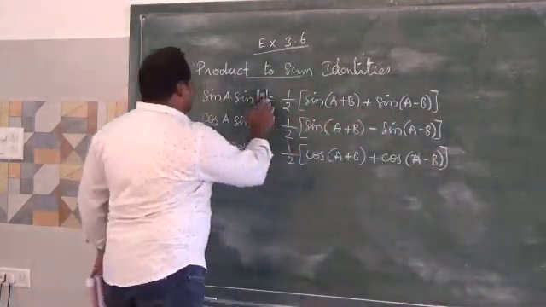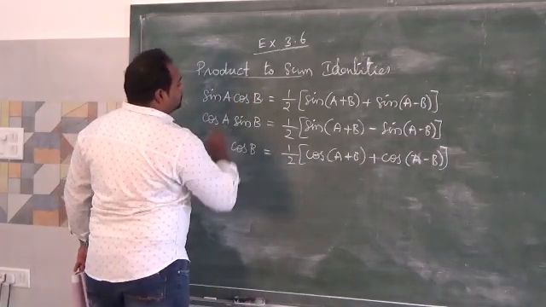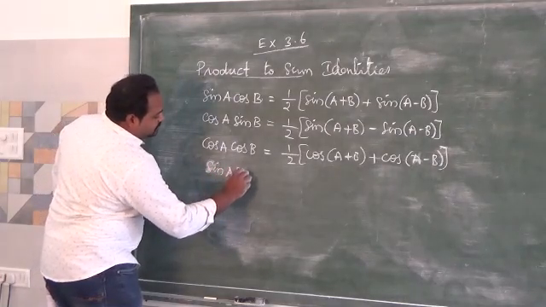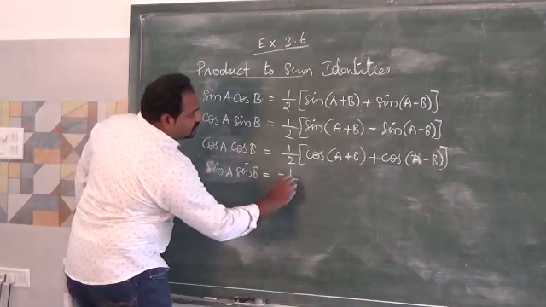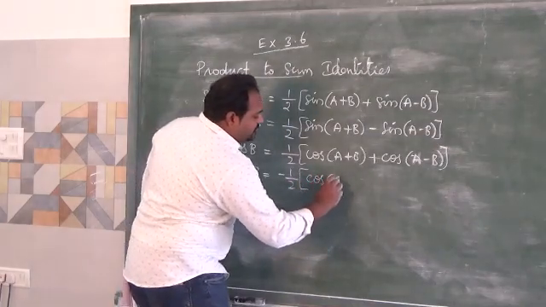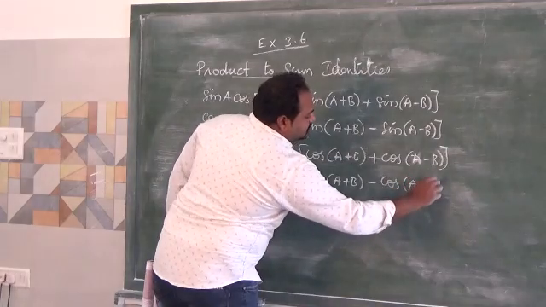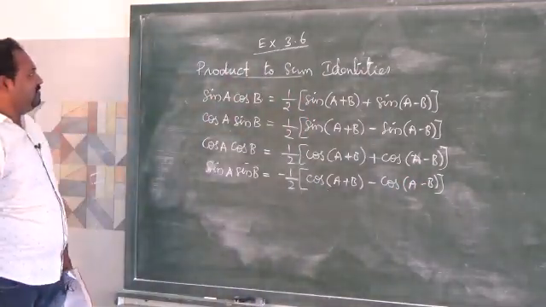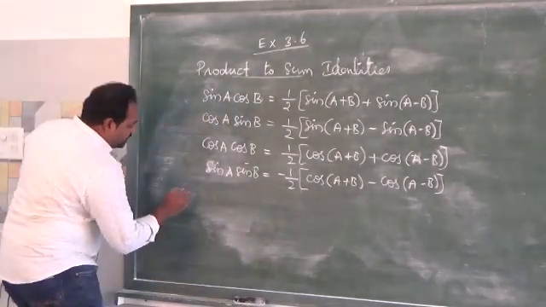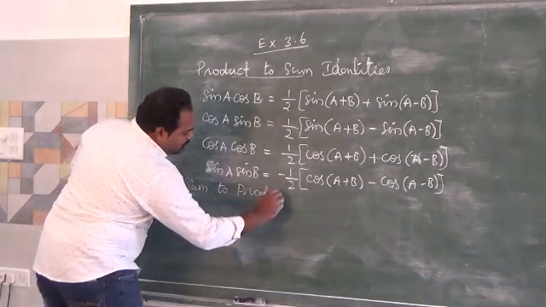This is sin A cos B. The final one is both are sin. Both sin means minus 1 by 2 [cos(A plus B) minus cos(A minus B)]. So these are the 4 identities we have for product to sum, and then another 4 identities we have for sum to product.